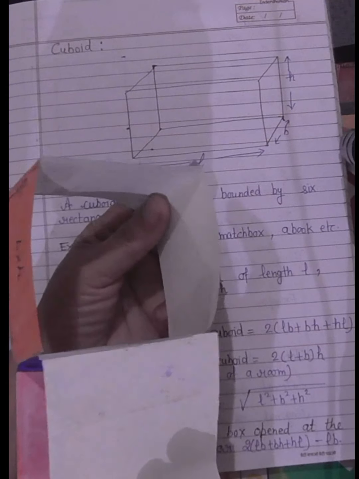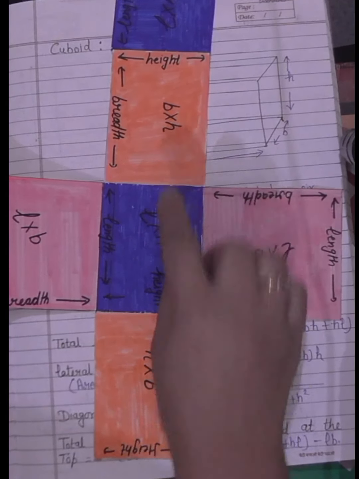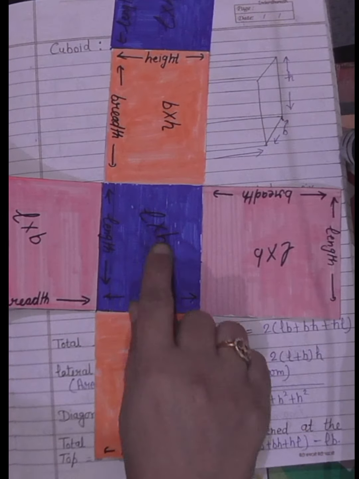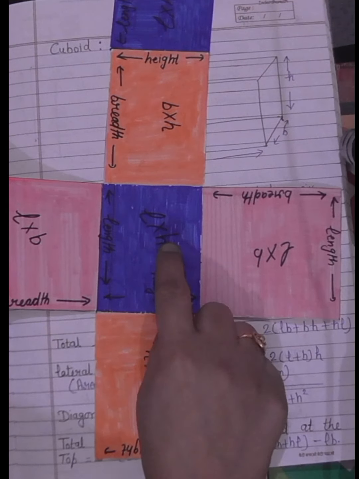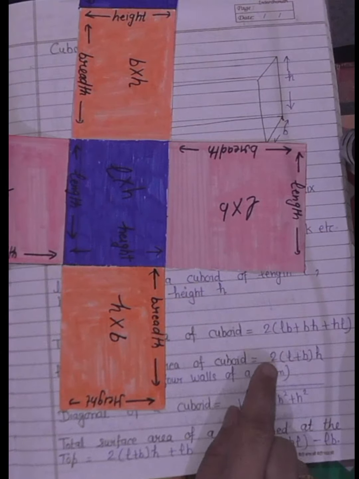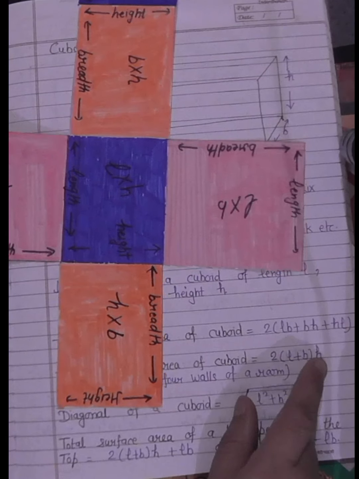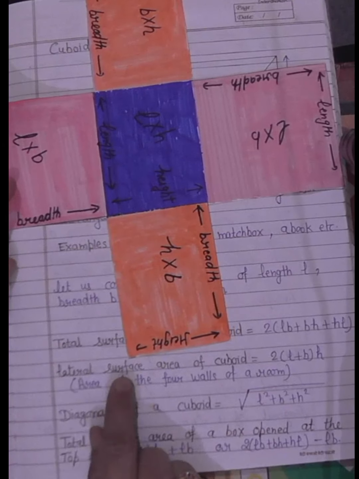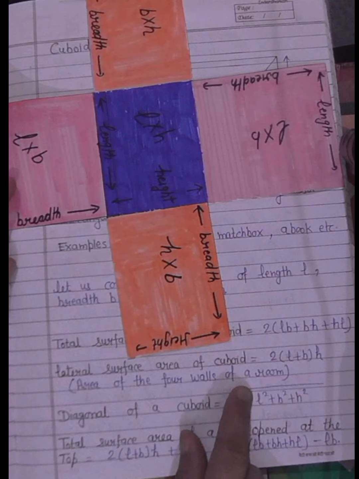Here B into H 2 times is coming, L into H 2 times it is coming. We can take H as a common, so it is 2 in bracket L plus B into H. So it is called the lateral surface area, or you can say the area of 4 walls.